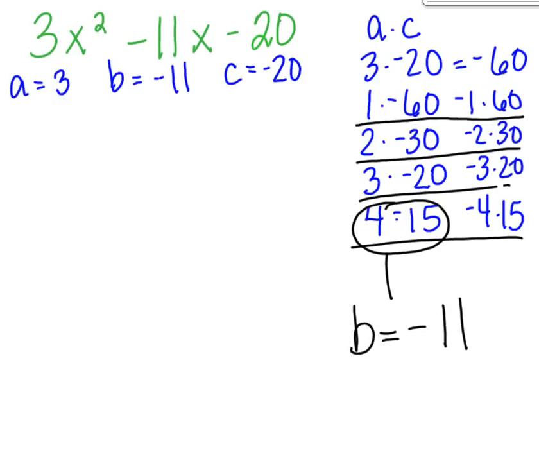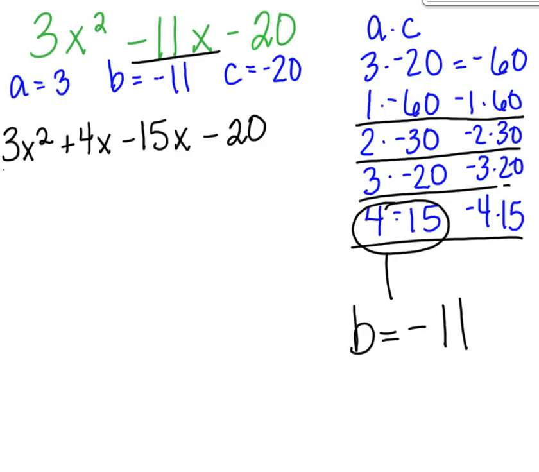So I'm going to rewrite my polynomial: 3x squared plus 4x minus 15x minus 20. I didn't change it, I just rewrote this negative 11x. And I'm going to factor the first two and factor the second two. So pause me again and try to do that.